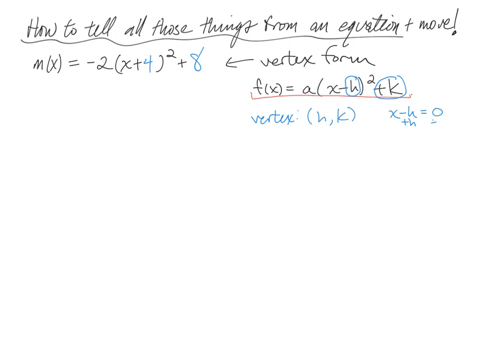So plus h. It really ends up being that, as most students understand, it is the opposite of the number in the parentheses that ends up being the x-coordinate of the vertex. And I'll show you again when we get over here. So the vertex is (h, k). Very easy to figure out. That's why we call it the vertex form.